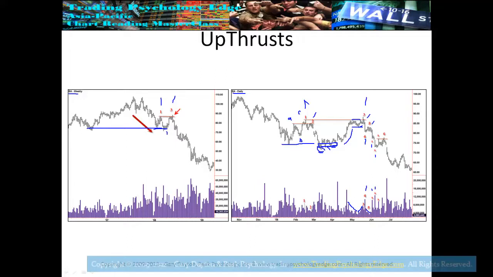We do another little A, B, C rally on a small scale, right up to 6. Upthrust, when we're in a weekly downtrend. Gee, how much better does it get? There's one I didn't even put in here. Here's another one. This is number 7. Okay?